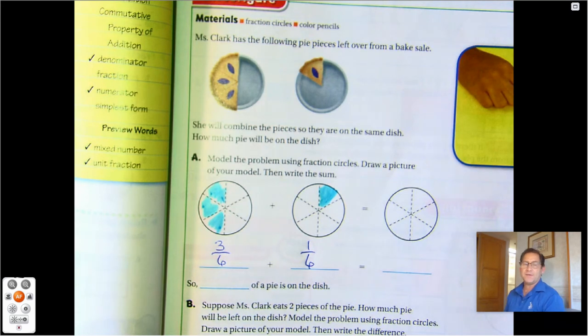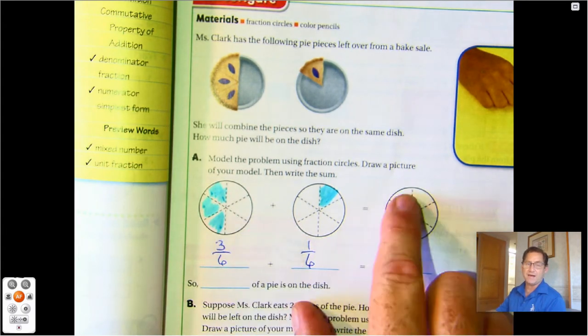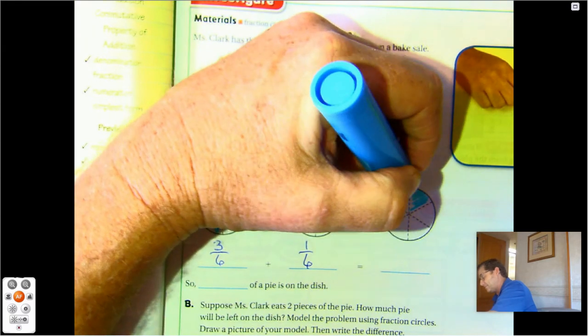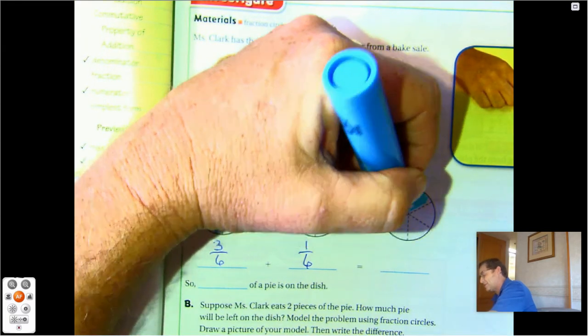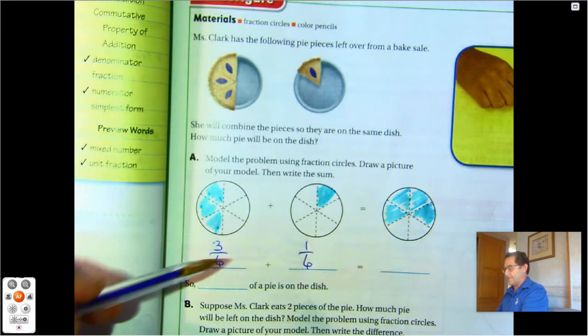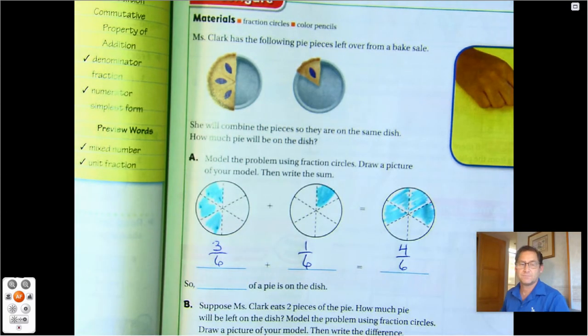So what would happen if we put these together? I would no longer have just 3 pieces in this one. I would have 4. So this is what it would look like after combining. So 3/6 plus 1/6 is 4/6.